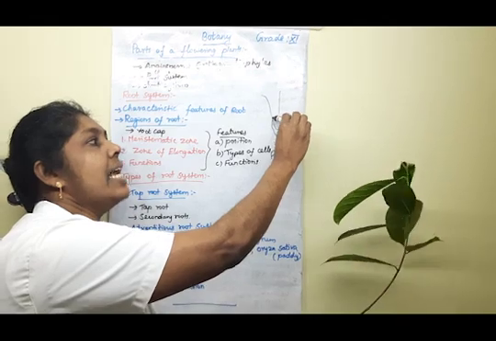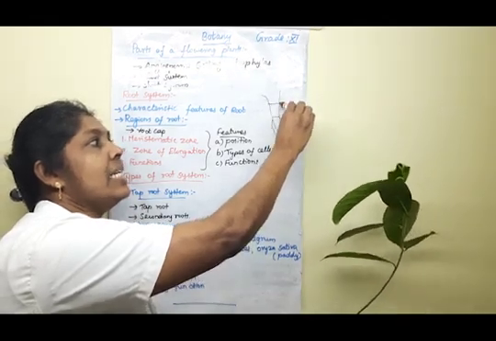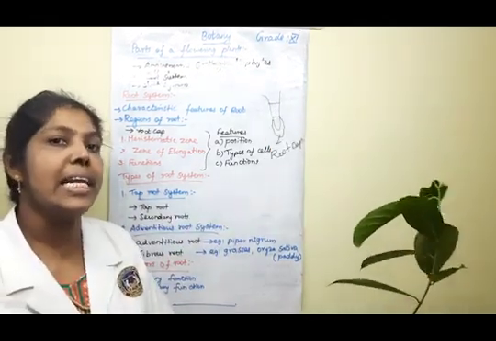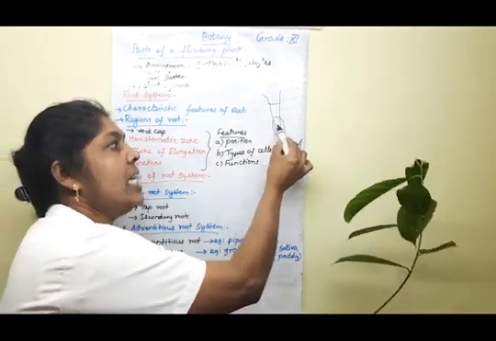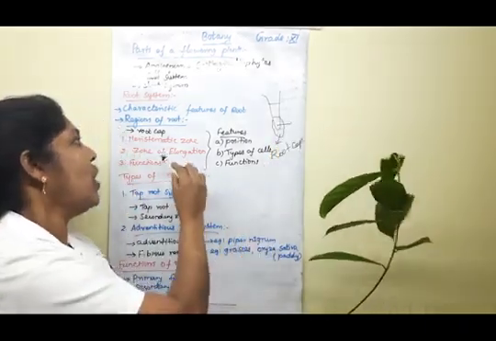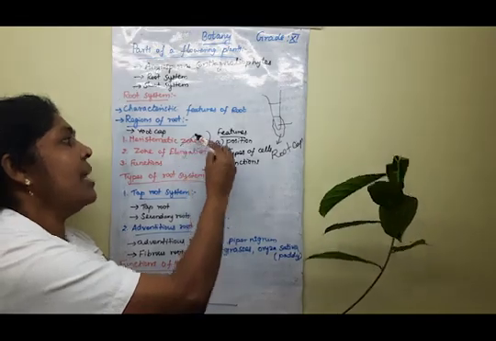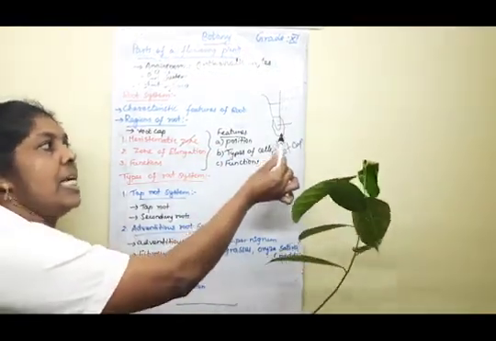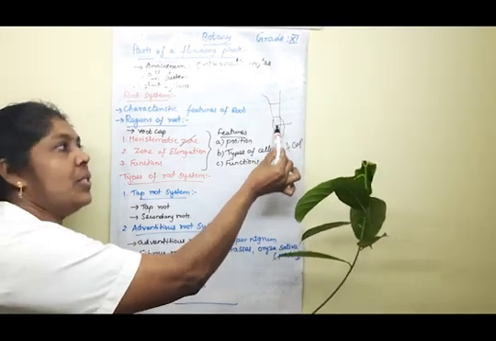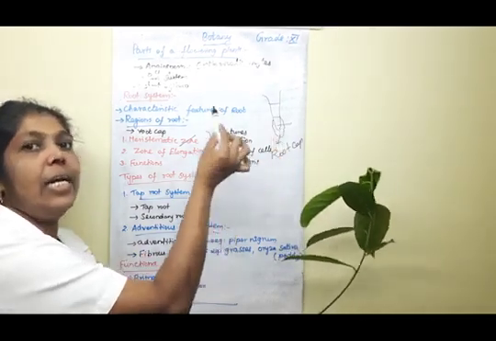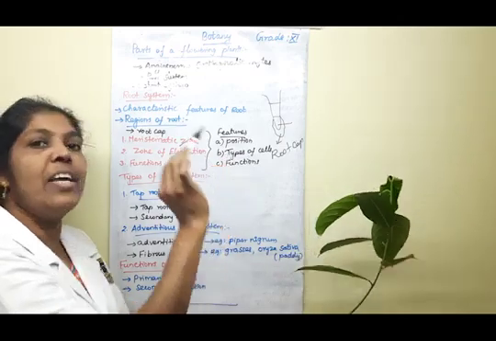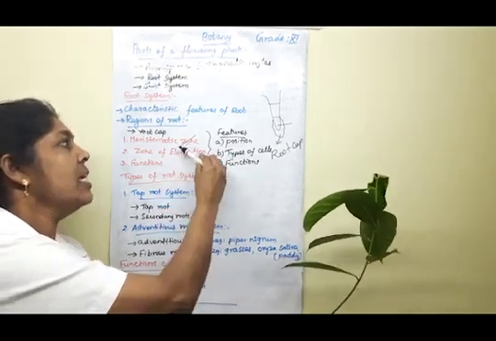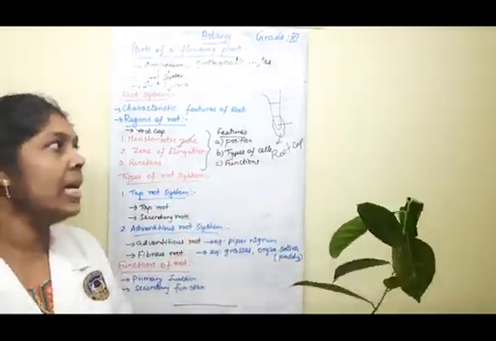It is divided into three regions, children. What are the three regions? First, the tip of the root is called the meristematic zone. Understood? The tip of the root, the dividing region, is known as the meristematic zone. Clear?